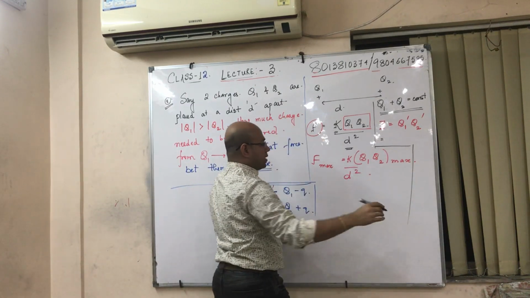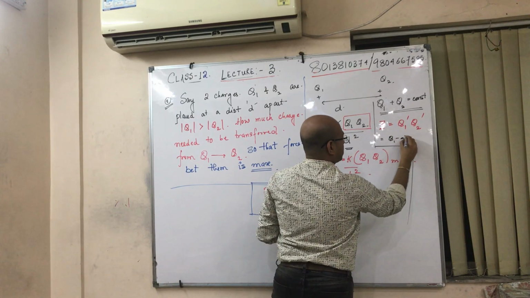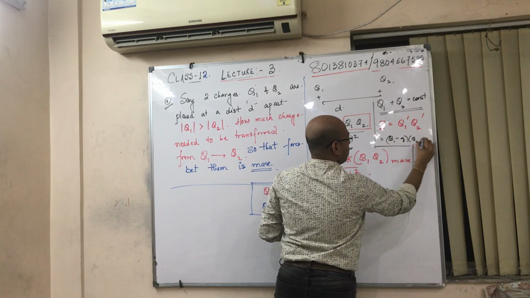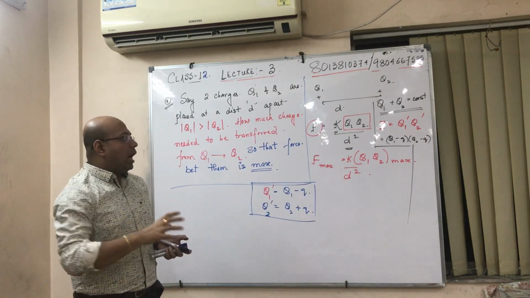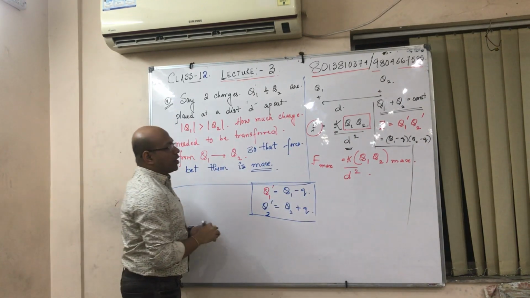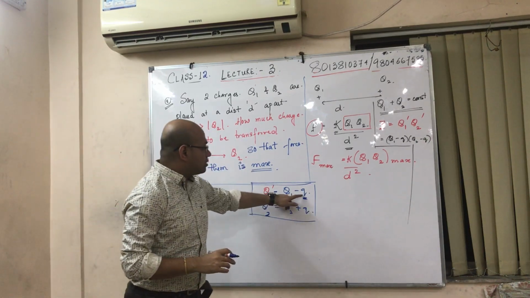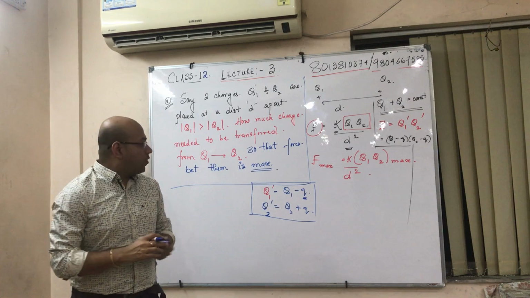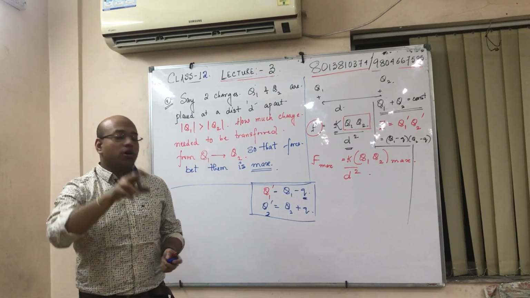Now how do you make the product maximum? Q1 minus Q, Q2 plus Q. Do you have any idea what the variable over here is? The variable over here is Q. How much do you need to transfer?